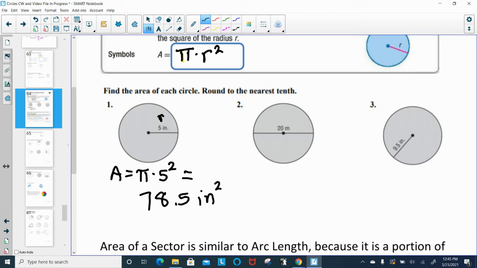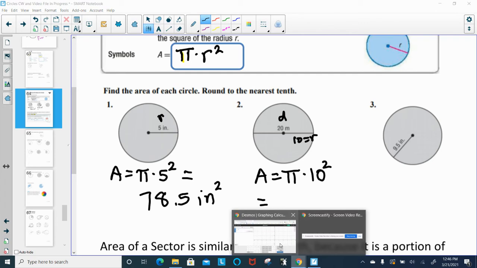Now, number 2 is a little bit more complicated because this is your diameter. Notice that it goes all the way across the circle. So you have to take that diameter and cut it in half to get the radius. 20 is all the way across, so 10 is halfway across. So our area would be pi times 10 squared.